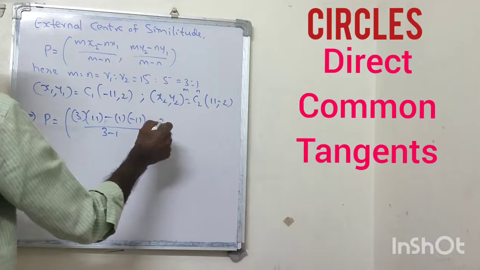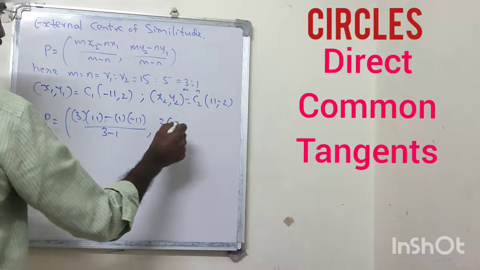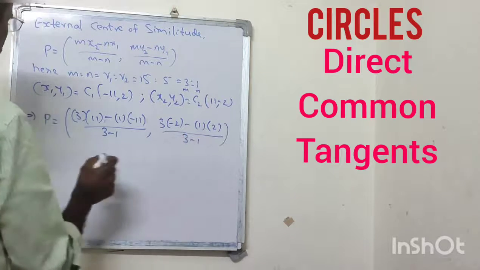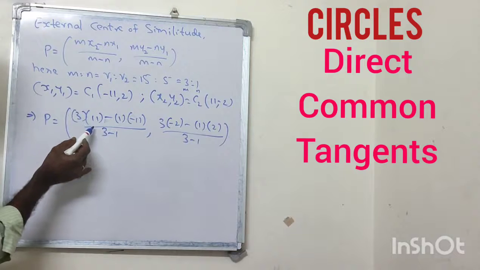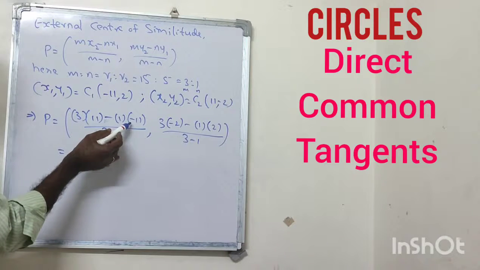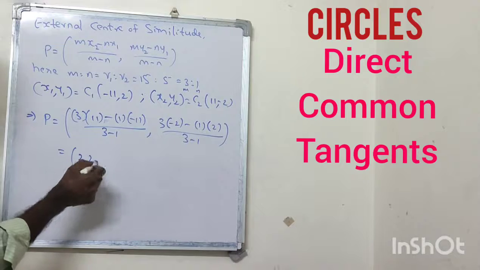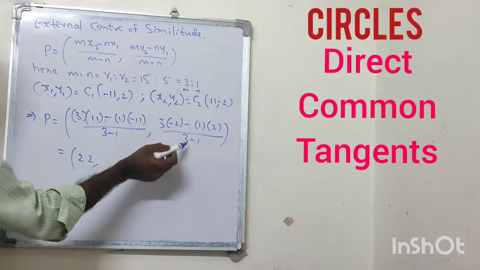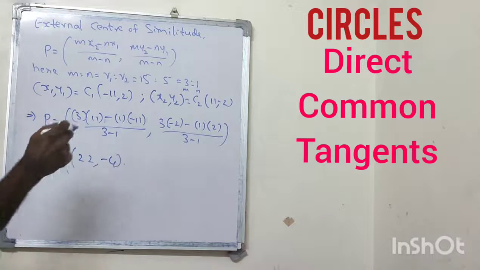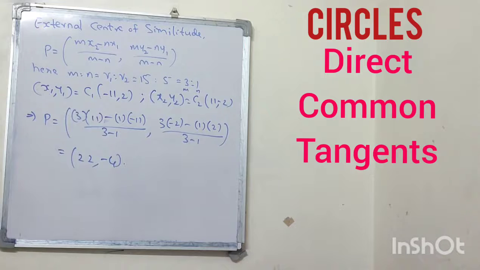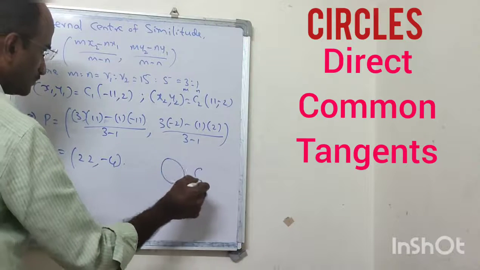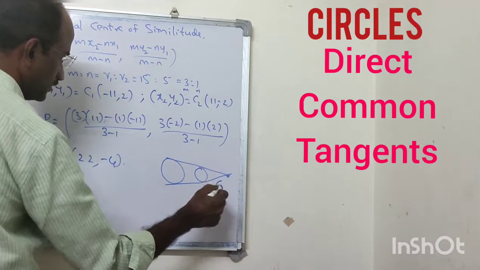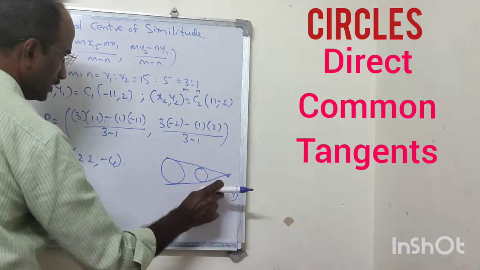Next, m y2 minus n y1 by m minus n. 3 11s are 33, 33 plus 11, 44, 44 by 2 is 22. Here, minus 6 minus 2, minus 8, minus 8 by 2 is minus 4. So this is the external center of similitude. Now our aim is to find the equations of these direct common tangents which are meeting at 22 comma minus 4, isn't it? 22 comma minus 4.